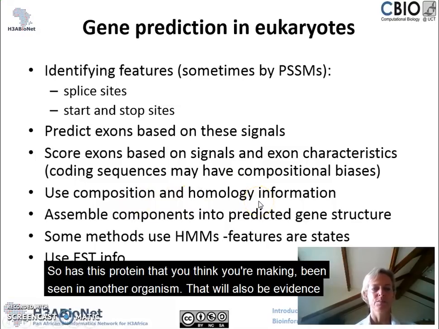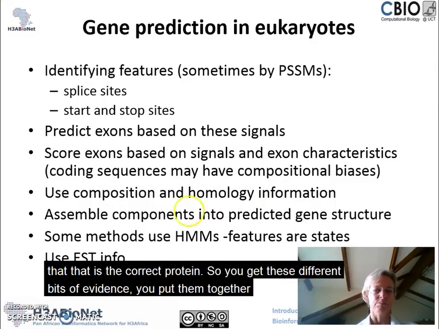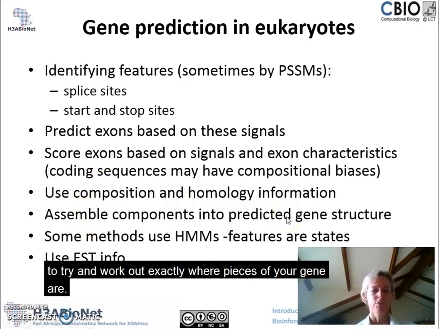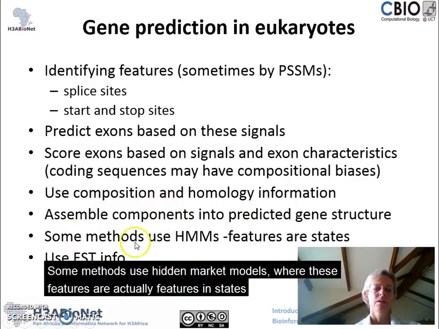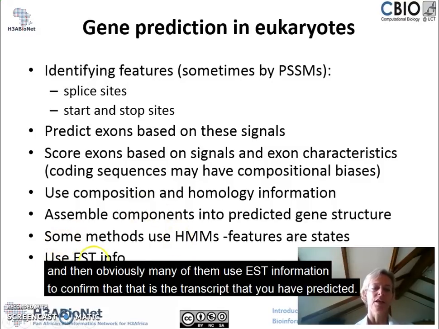So has this protein that you think you're making been seen in another organism? That will also be evidence that that is the correct protein. So you get these different bits of evidence, you put them together to try and work out exactly where pieces of your gene are. Some methods use hidden Markov models, where these features are actually features and states. And then obviously many of them use EST information to confirm that is the transcript that you have predicted.